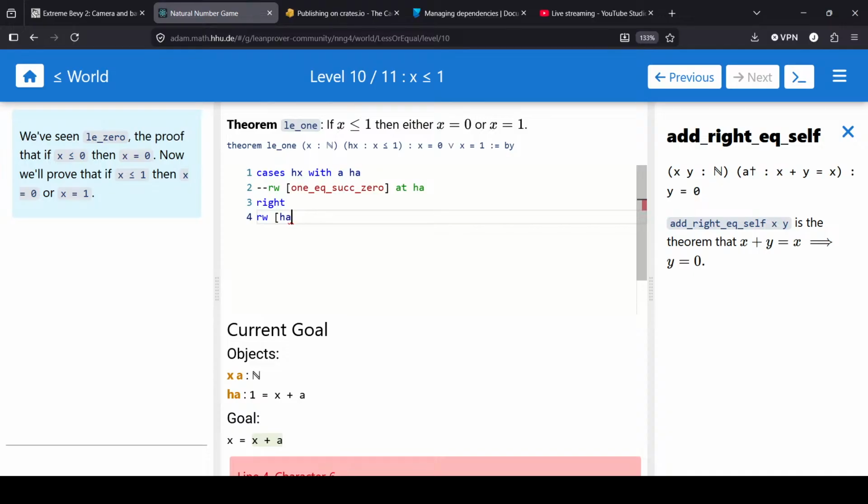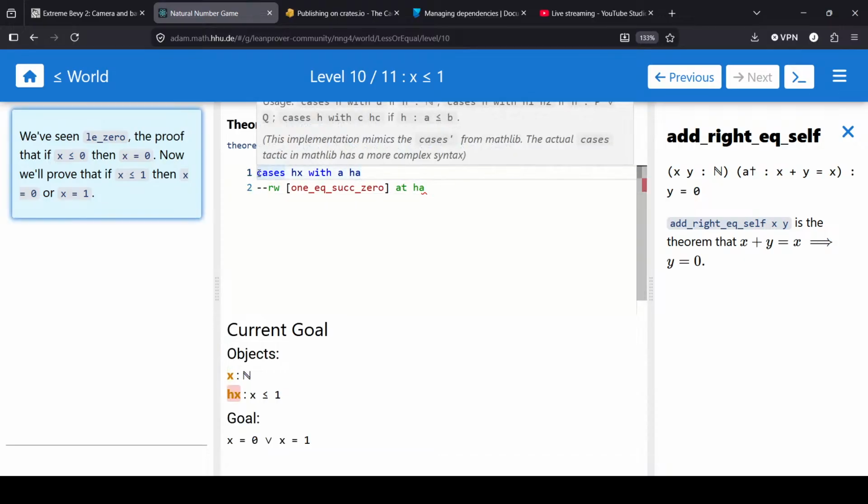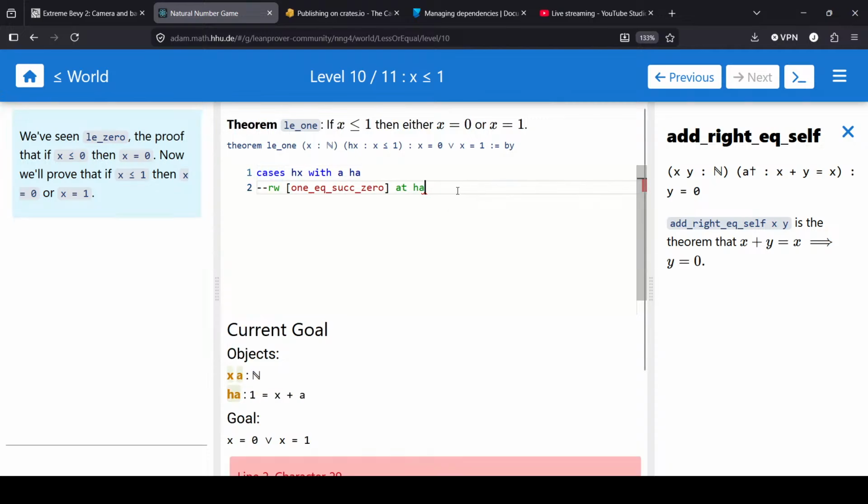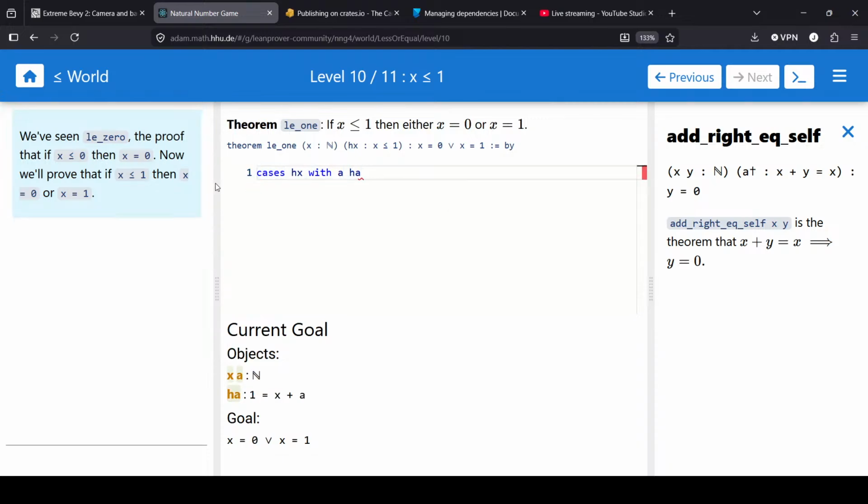I had this problem before. Yeah, so I can't do that. So I don't think... Yeah, I don't know.